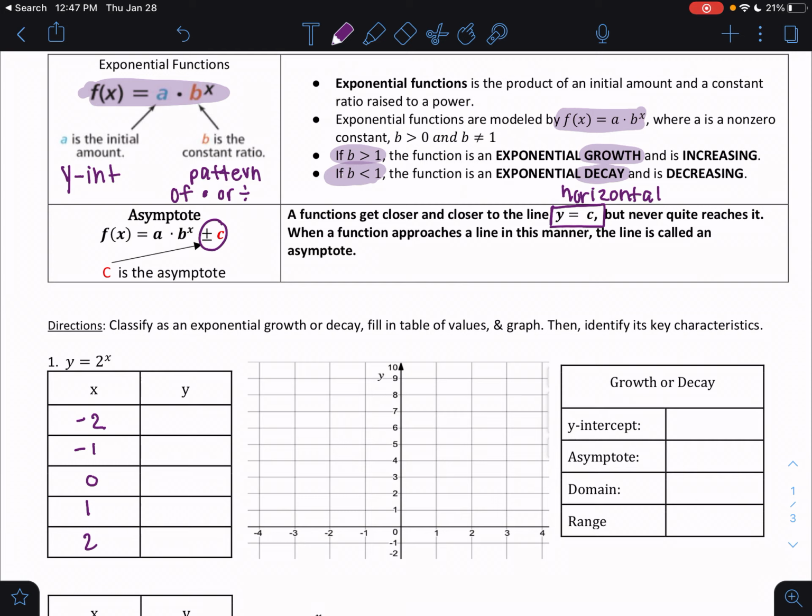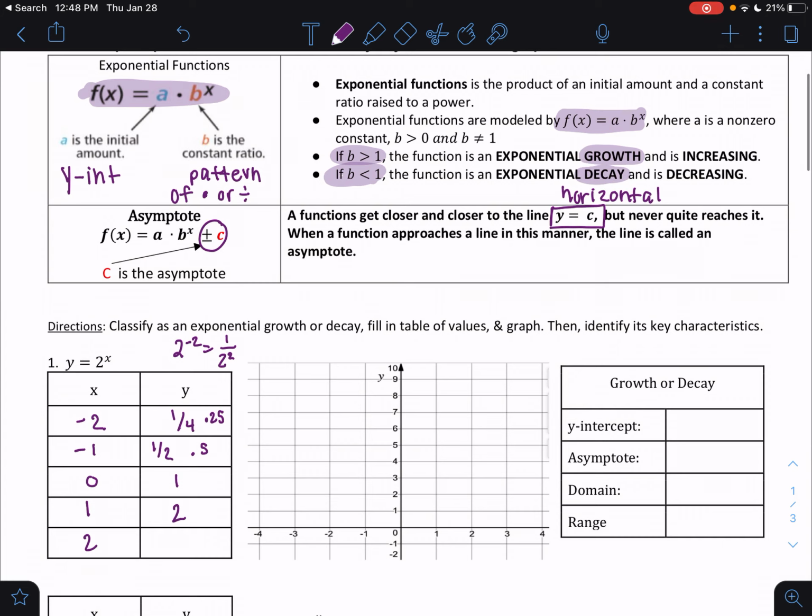So remember, 2 to the -2 is the same thing as 1 over 2 squared, which is 1/4, or 0.25. Then 2 to the -1 would be 1/2, or 0.5. 2 to the 0 is 1, because anything to the 0 power is 1. 2 to the first is 2, and then 2 squared is 4.